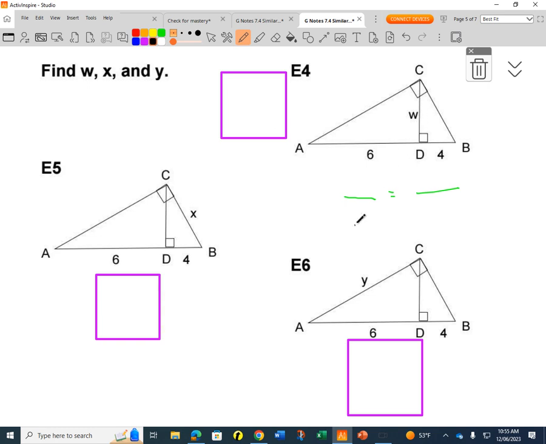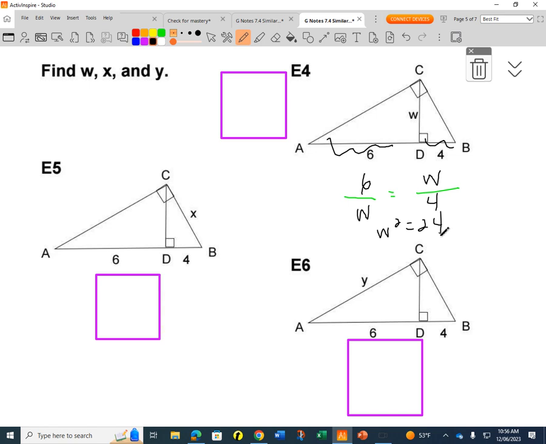W is what we're solving for. It's the geometric mean, so it's got to go in the geometric mean spots. Now this is the one we don't use the sum. We use 6 and 4. We use the parts of the hypotenuse. So it's W squared equals 24. So we take the square root of both sides.